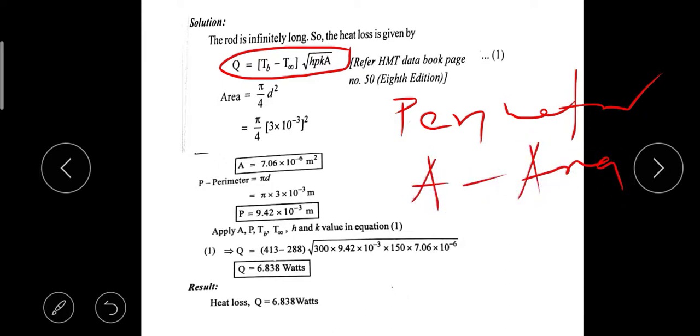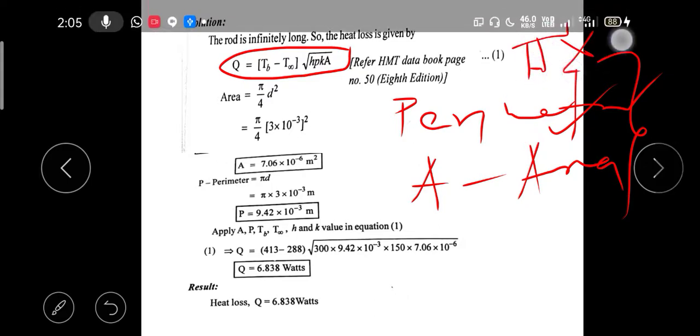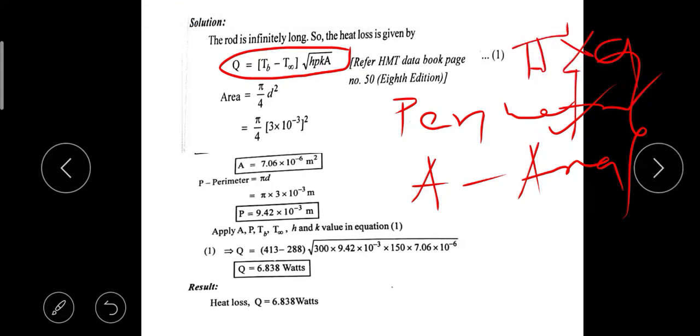Now the perimeter has the formula pi into d, where d is the diameter. The given diameter of the fin is 3 mm, so you have to convert it to meters, which is 3 into 10 to the power of minus 3. From that we find the perimeter. For the area, the formula is pi by 4 d square.